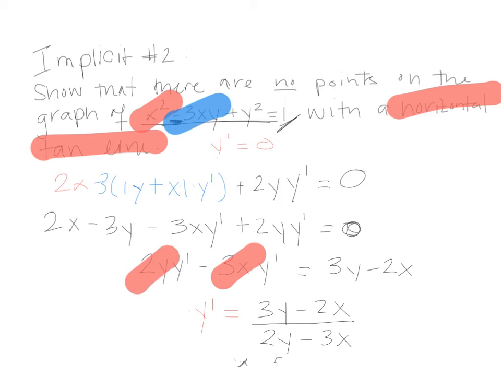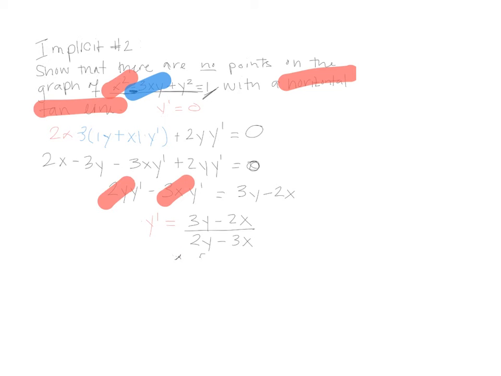Now I'm trying to show that there are no points on the graph of this with a horizontal tangent line. I zoomed in a bit so it would be easier to see. I'm trying to show that there are no points where this ratio could be 0.